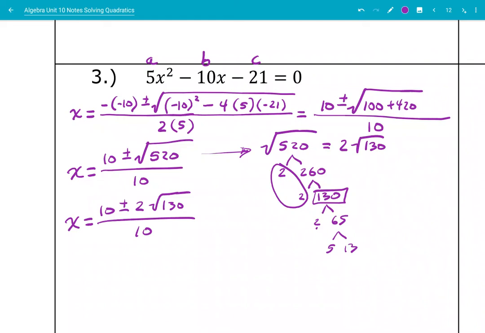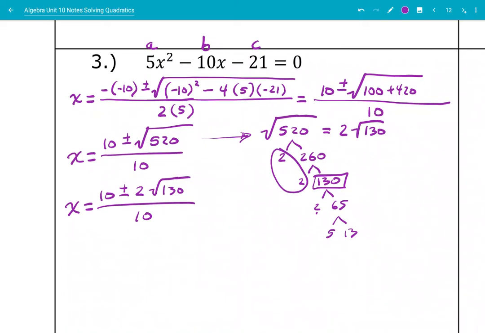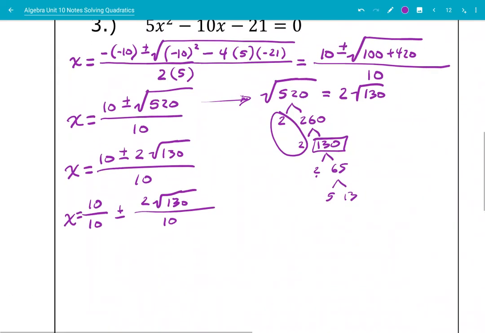So there's that. And can we simplify that some more? Well, we can do this. Oh yeah, we can simplify this. Let's write it out and I'll show you. This is actually 10 over 10 plus or minus 2 the square root of 130 over 10. So that first fraction, that's just 1.